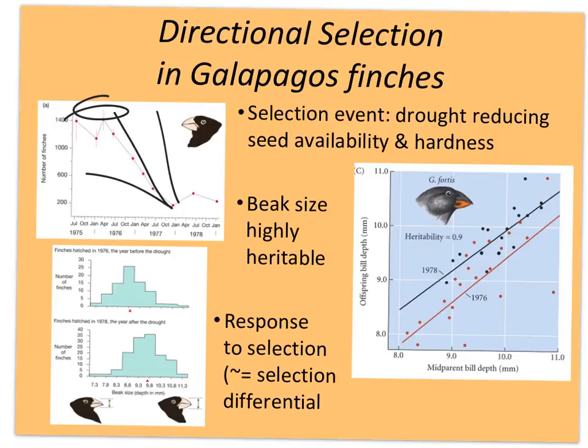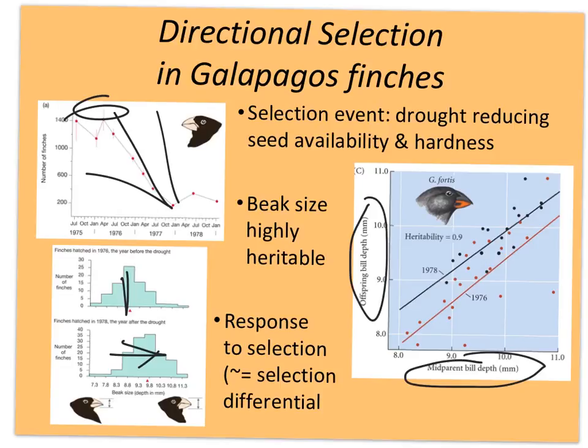You need very thick beaks to crack them. And so what you see here is directional selection. It started here, and then eventually it moved over here. But just so you know, it took a while for the finch population to increase. Eventually the drought ended. And you can actually see heritability here. This is mid-parent bill depth and offspring bill depth.